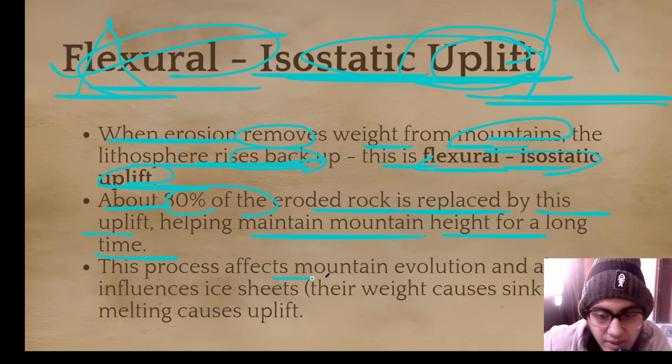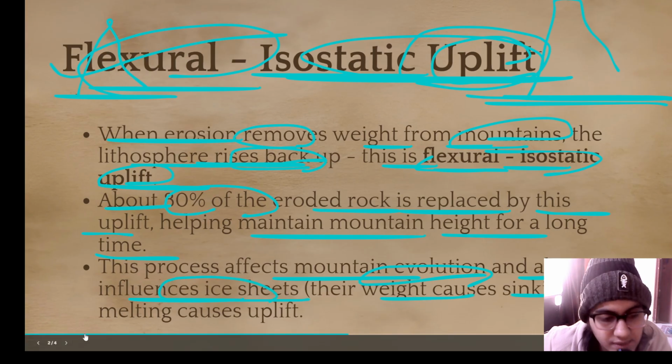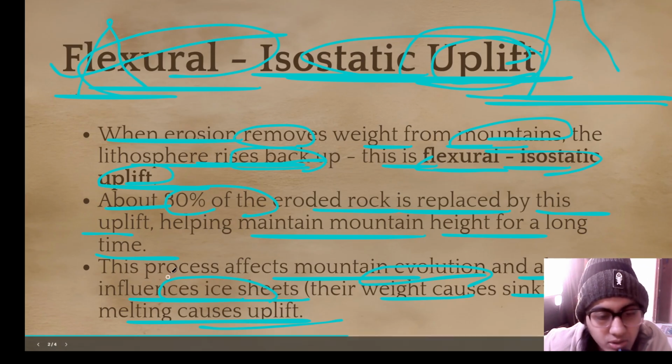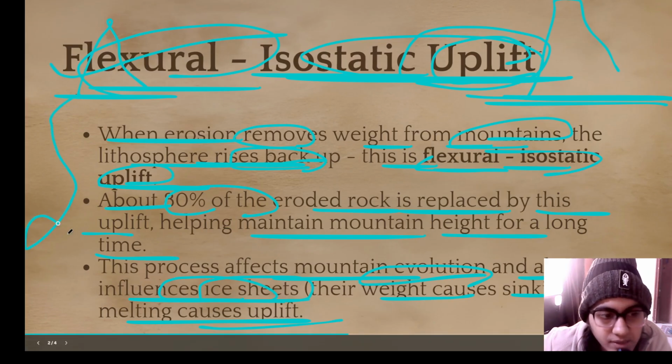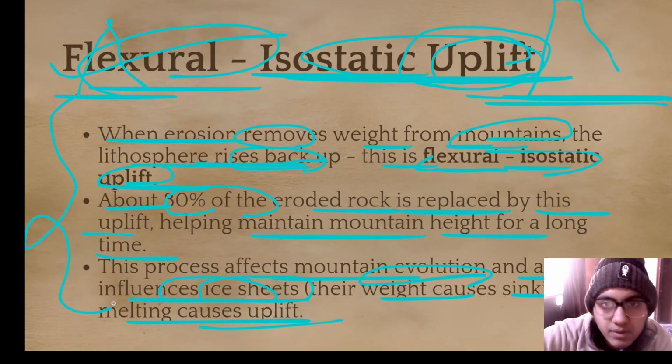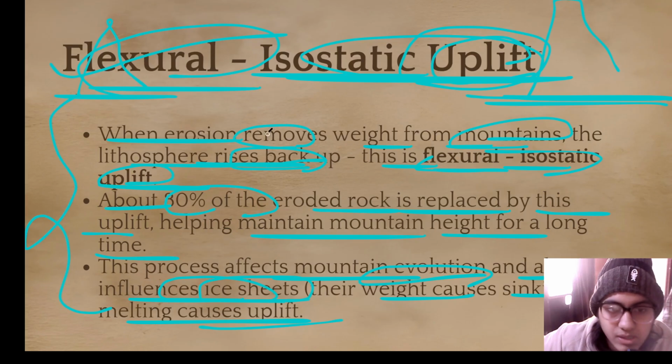This process affects mountain evolution and also influences ice sheets. Their weight causes sinking, and melting causes uplift. So this phenomenon also happens with these ice sheets. Let me summarize this whole topic for you: erosion removes some of the rocks and layers of the mountains.